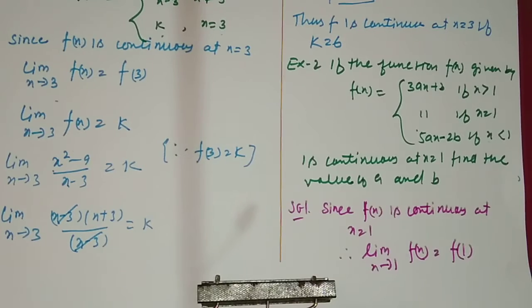Again, the function is continuous at x is equal to 1, so the limit exists, and the existing limit is equal to the value of the function. Clear?